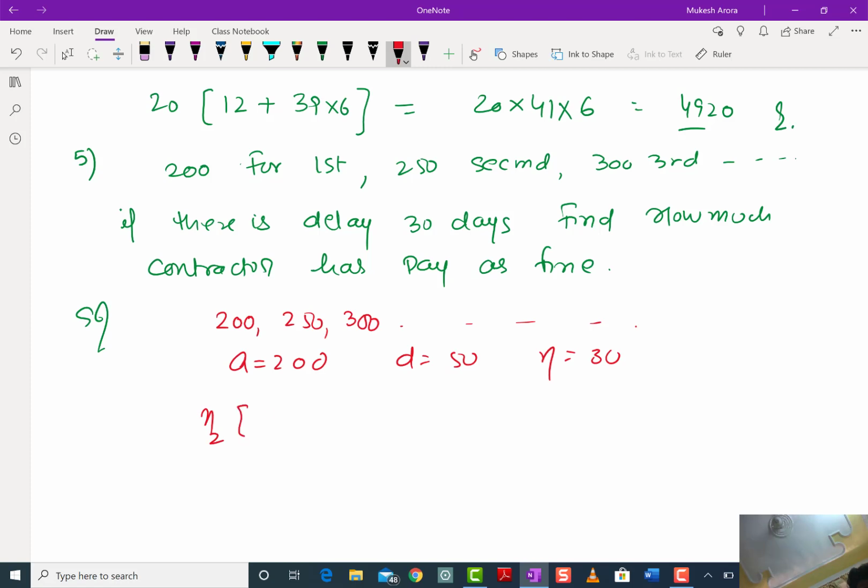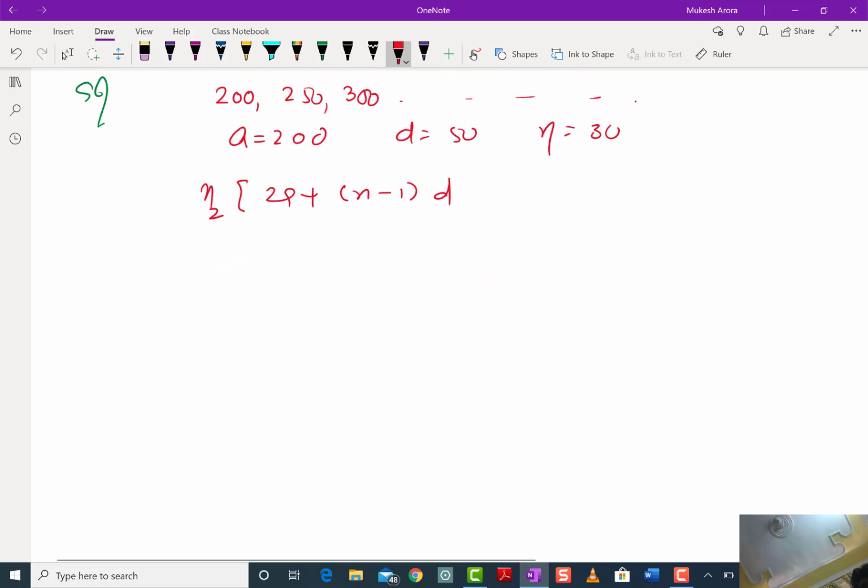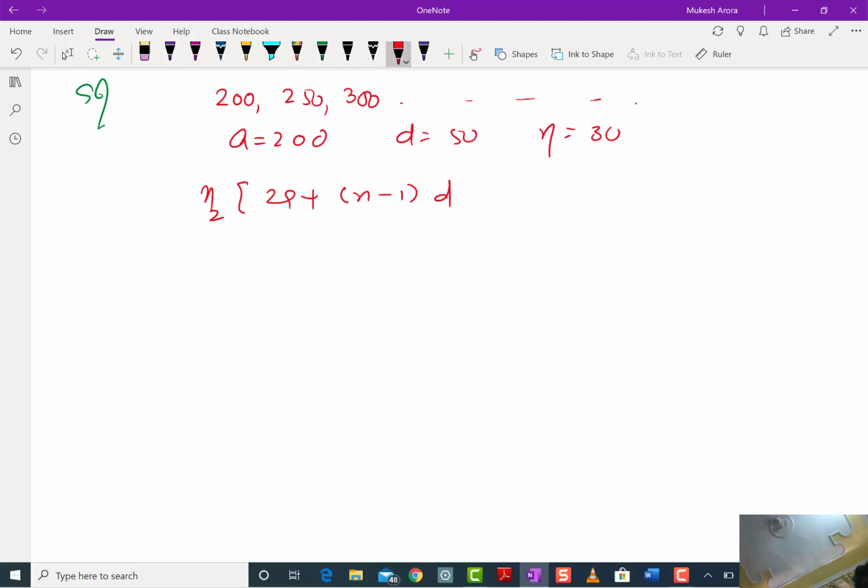So the sum is N by 2 into 2A plus N minus 1 into D. N is 30, so 30 by 2 into 2 into 200 plus 30 minus 1 into 50.